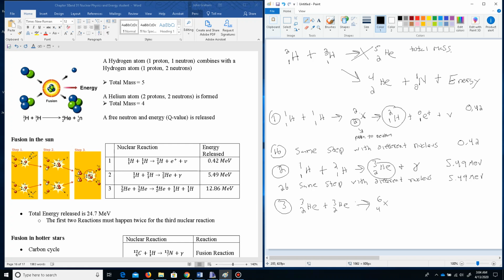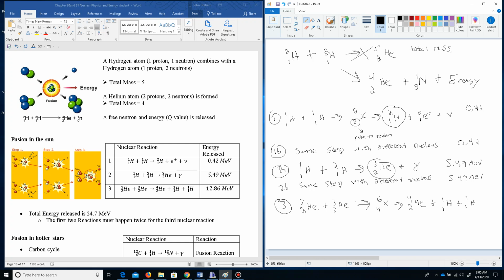But technically you'll have 6 and 4, which wants to become that alpha particle because it's stable, a 2 and 4 He, which means you have to release 2 protons, which we'll have as separate protons.